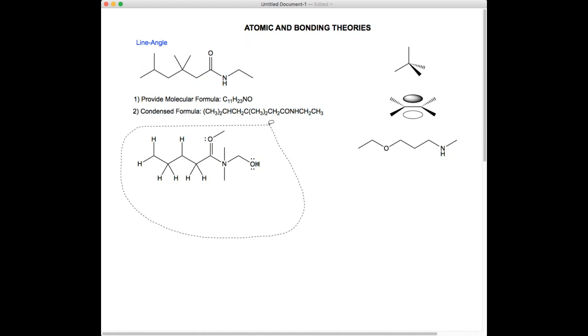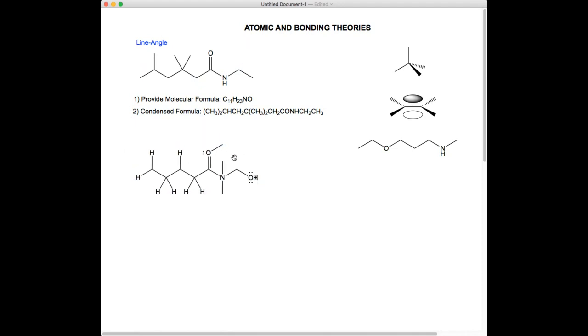And once again, Karen, can we ever write C11H23NO? These two are different, it depends on the question. C11H23NO is the molecular formula. One of the things that is important, guys, is to understand questions, and you need to answer the question.